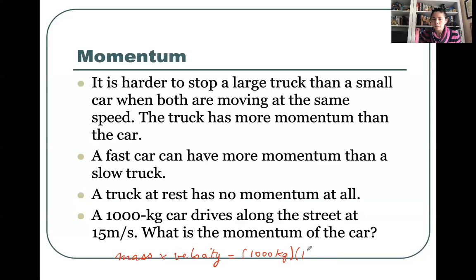In this case, we're looking at the magnitude. All right, so that's going to be 15,000. And we haven't talked about the units. So you can see here that the units are going to be kilograms times meters per second. Okay, so 15,000 kilograms meters per second. So that's going to be the momentum for this car.